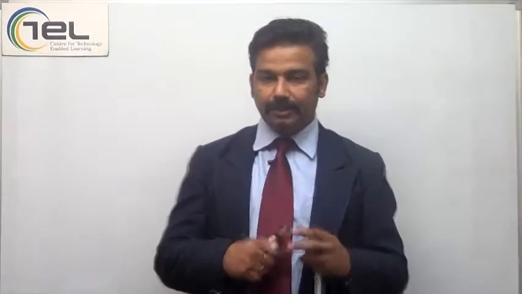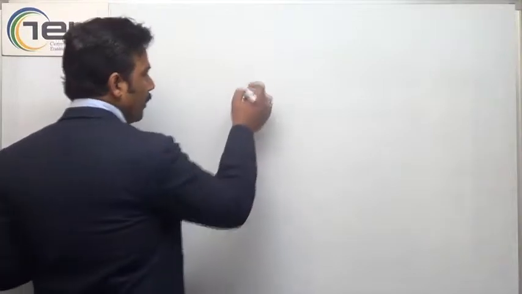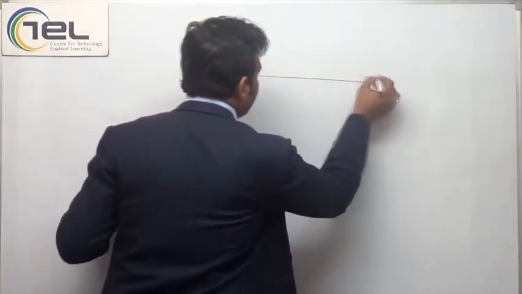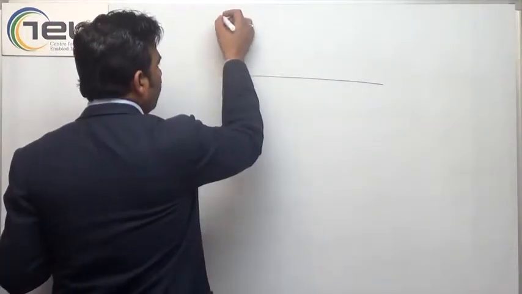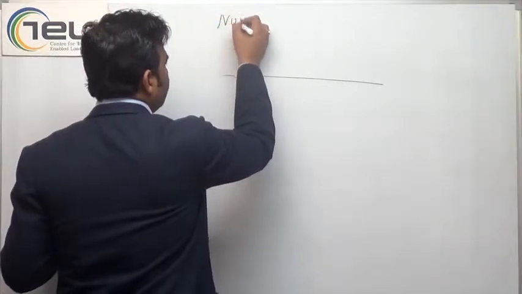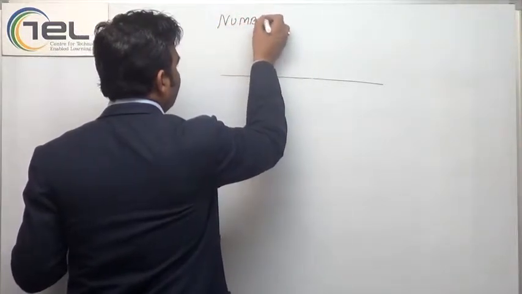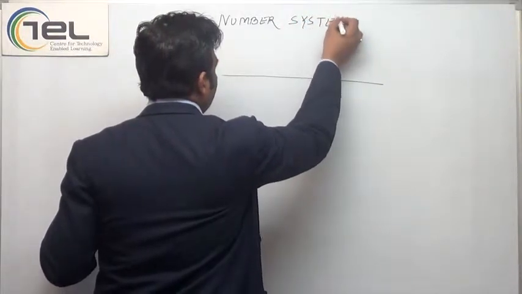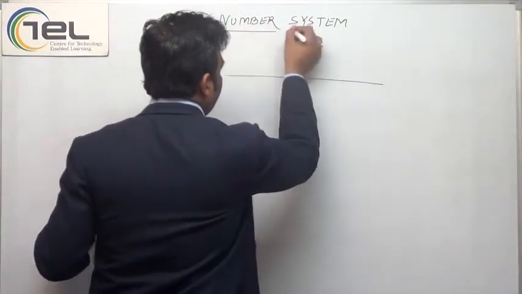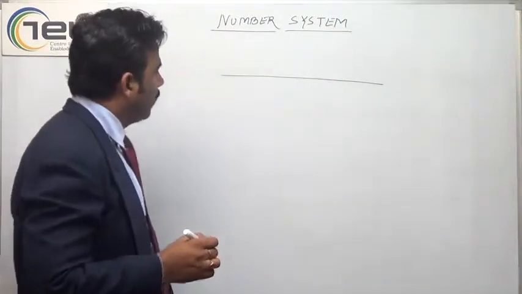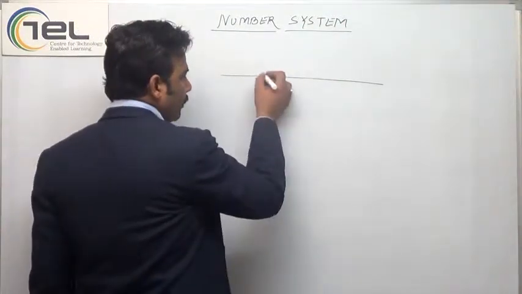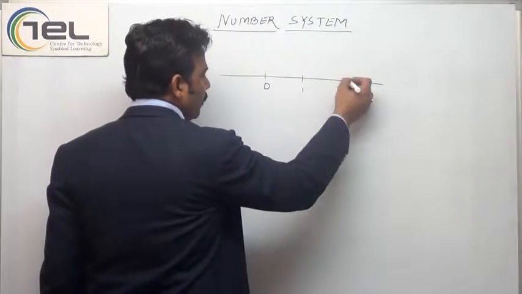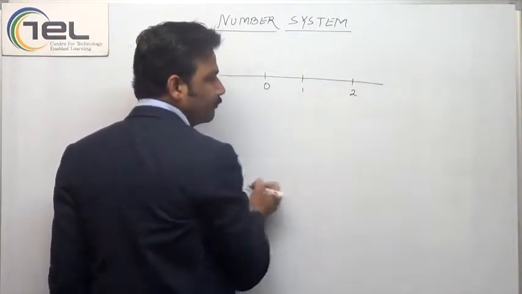Between two rational numbers, if I write this on a number line, we are just going about number systems. So here, if this is a number line, this is 0, here this is 1, this is 2.